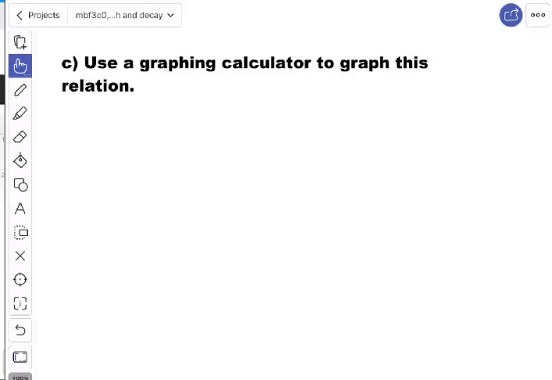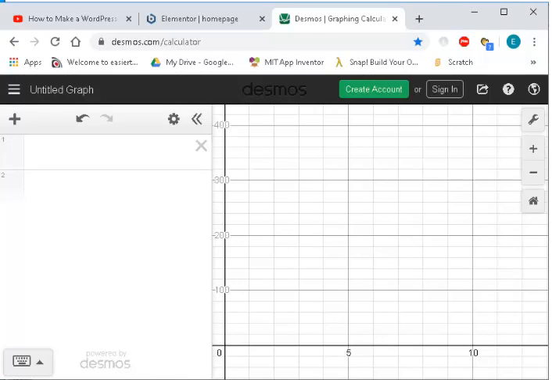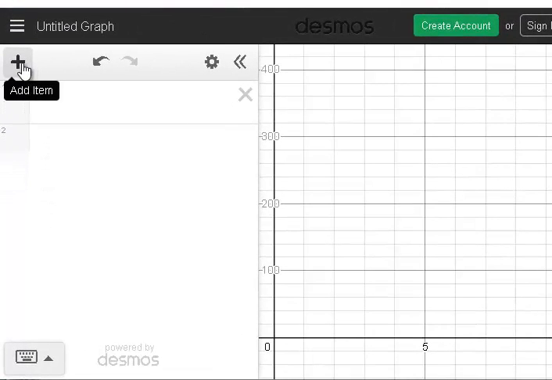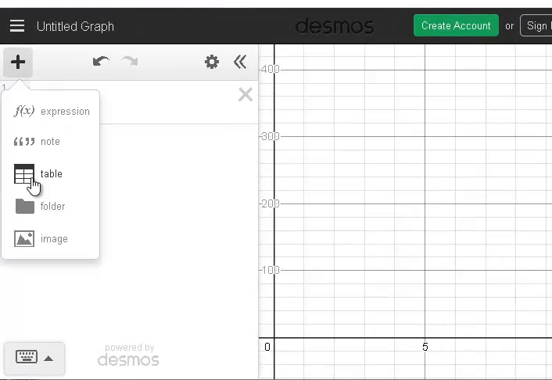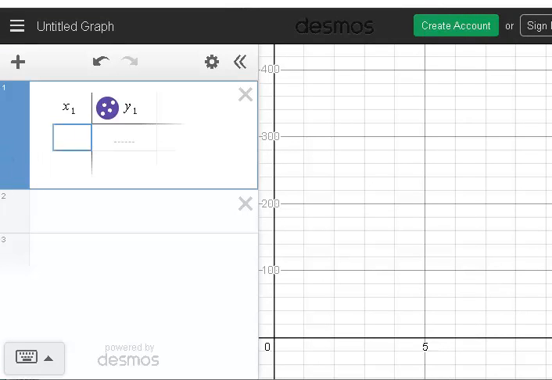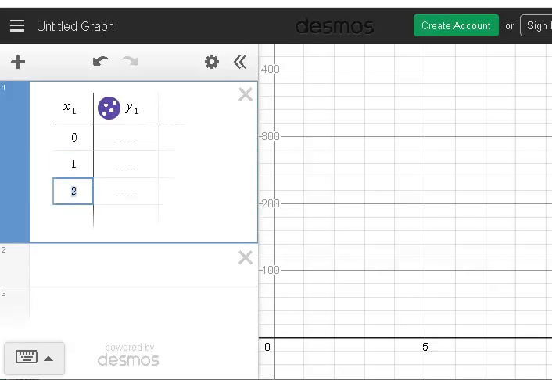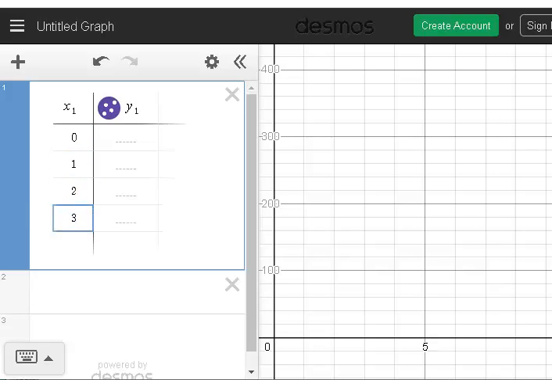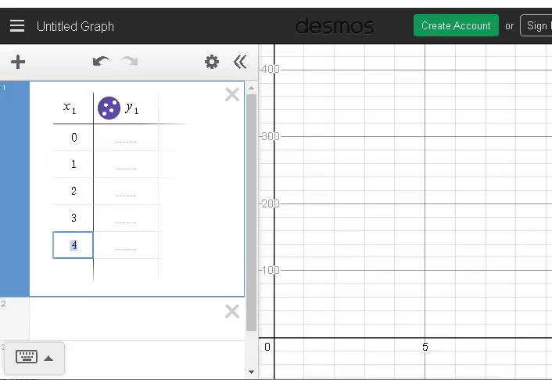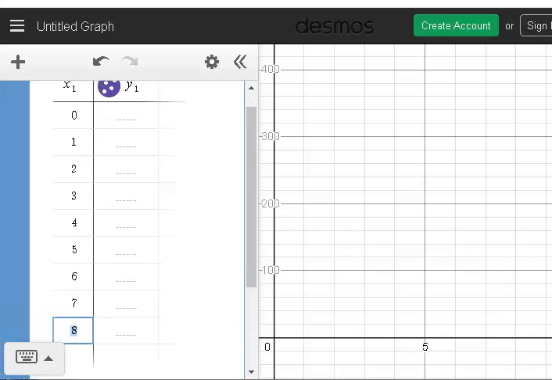So again, it means that we have to go to Desmos and start drawing the scatter plot. So back to Desmos. Again, as usual, we click on the plus sign, then table, and start typing the numbers. So 0, 1, 2, 3, 4, 5, 6, 7, 8.